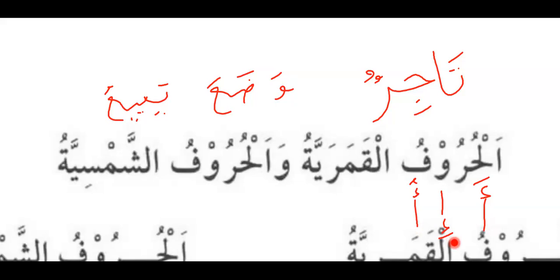Hamza as a letter can also stand upon waw, and upon ya. But in any case, it is still hamza. The major point here is, it's fine if you don't understand yet, but just take it as a principle that alif cannot be vowelized.